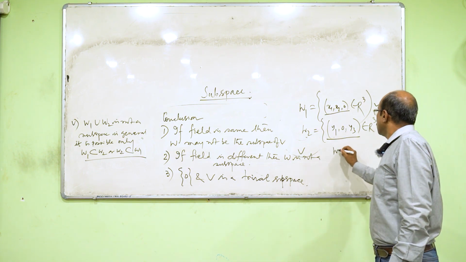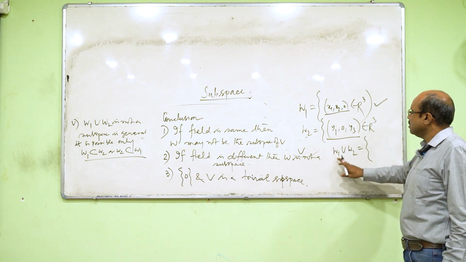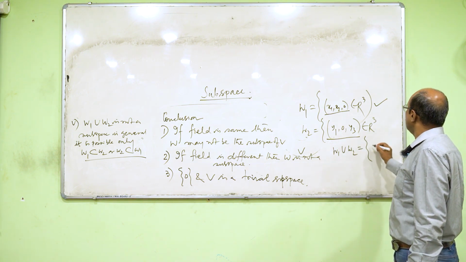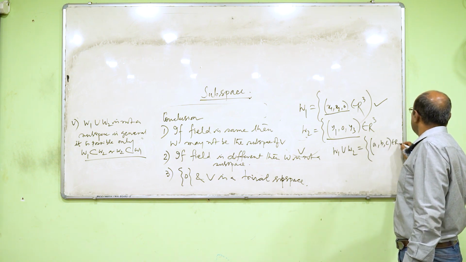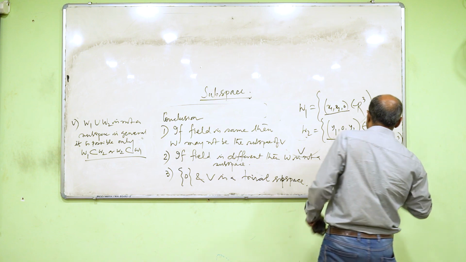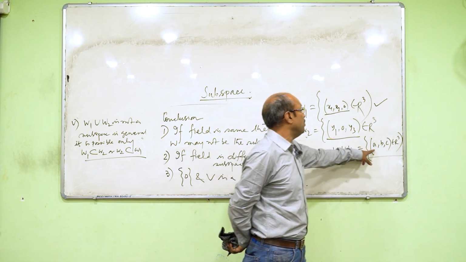If we take W1 union W2, the element belonging to W1 union W2 will be A, B, C in this form.